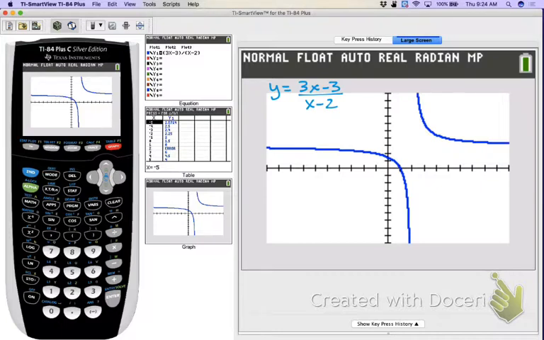What is the one value that x cannot be? Positive 2, right? So how did you get the vertical asymptote? The vertical asymptote was at x equal to 2.